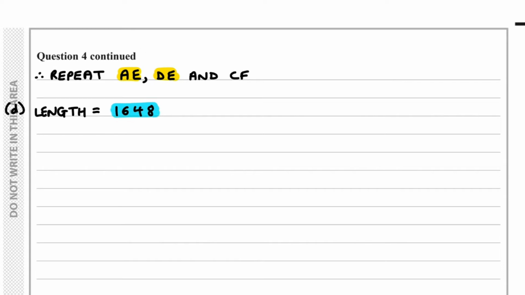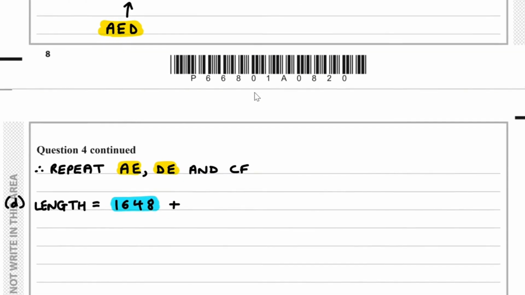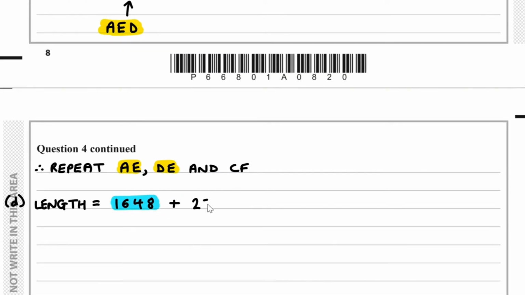And then we need to add on to this the 272, which is what we got by repeating AE, DE and CF. So the total length is equal to 1920 minutes, where the length is the length of the route.